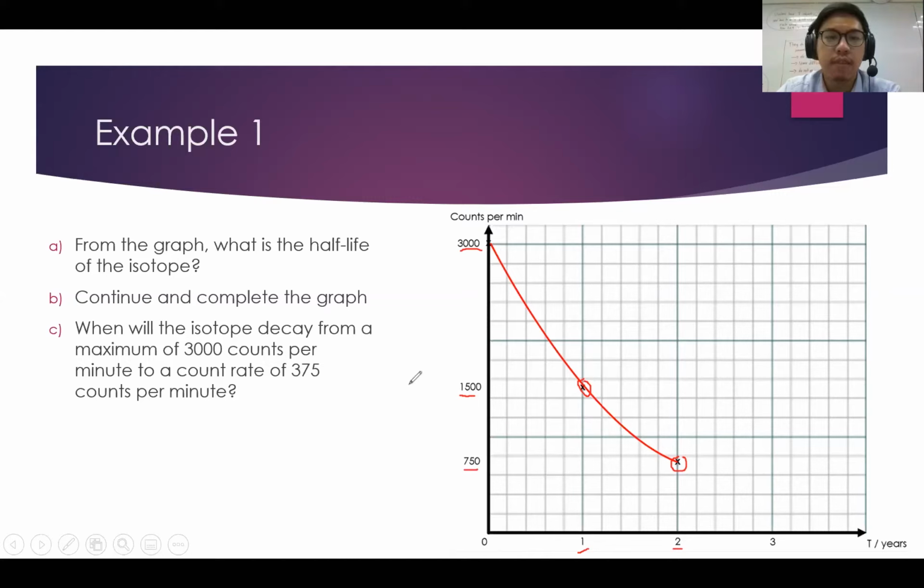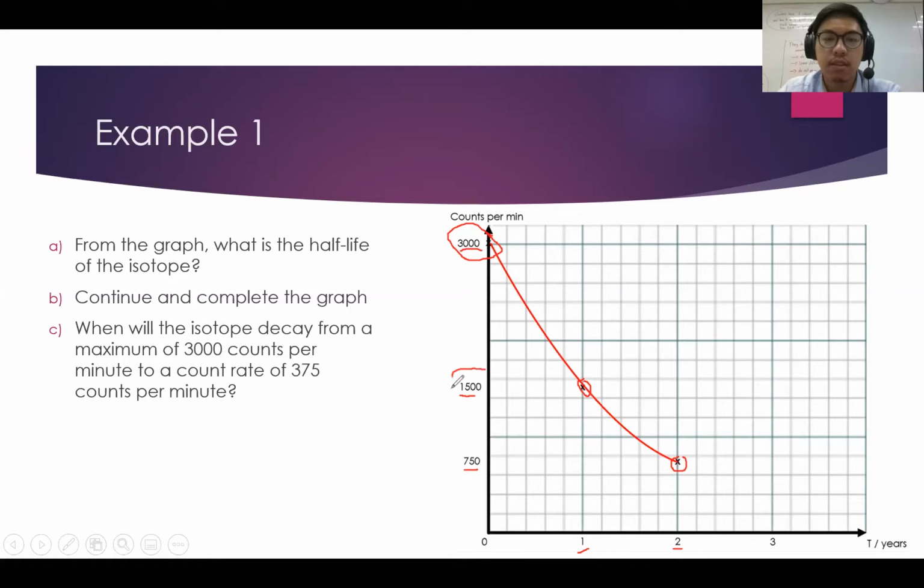So what is the half-life of this radioactive isotope? You just have to figure out the time it takes for it to become half. In the beginning, it has 3,000 counts per minute, and then how long does it take to become half?